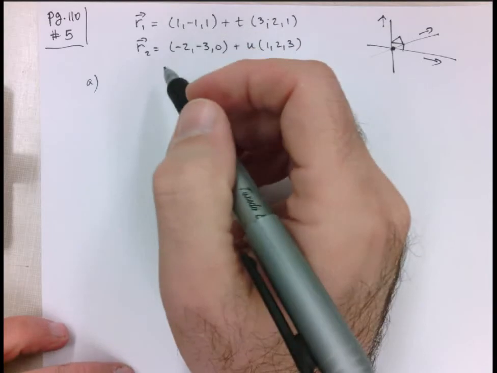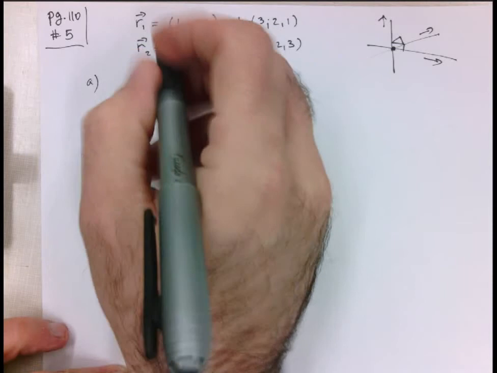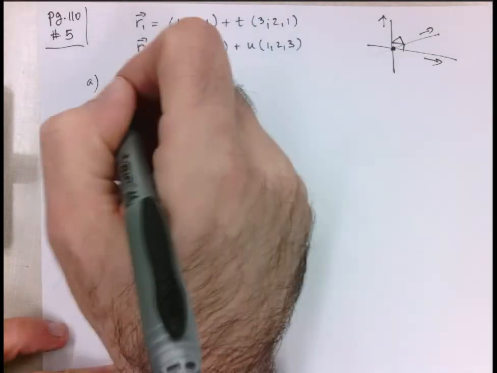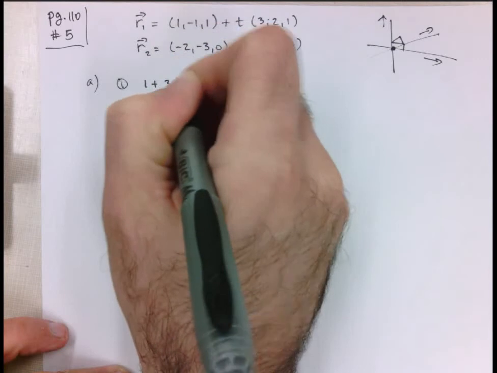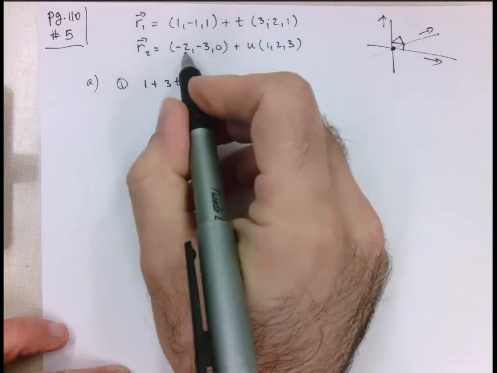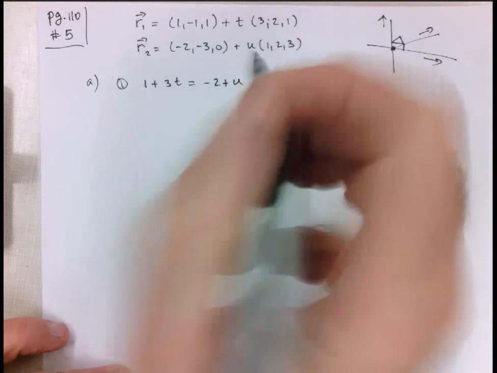So here we're going to equate the x, y, and z components, since they have to be the same for a point that's on each line. So equation 1 will be 1 plus 3t, the x component from the first equation, and that has to be equal to negative 2 plus u, the x component of the second equation.